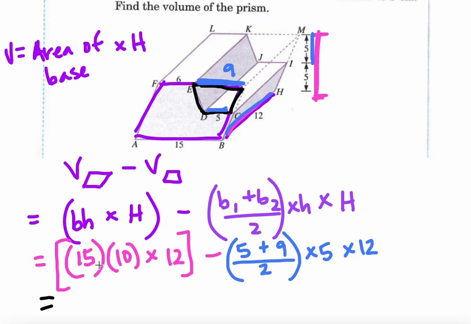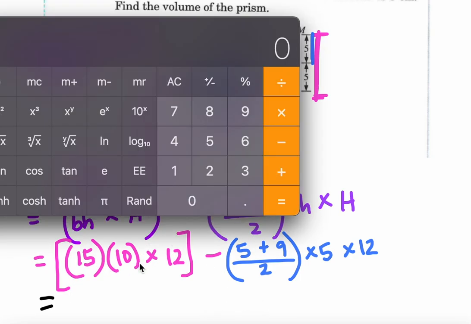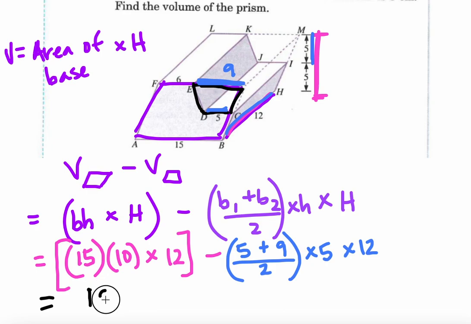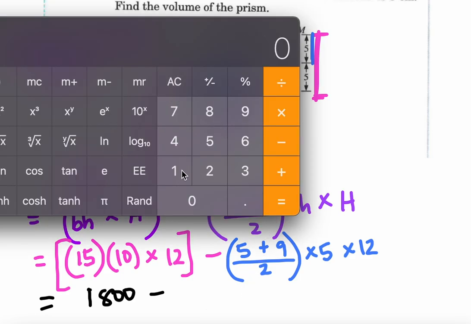15 times 10 is 150. 150 times 12 is 1800. We're going to subtract whatever this whole mess is. 5 plus 9 is 14. 14 divided by 2 is 7. 7 times 5 is 35.